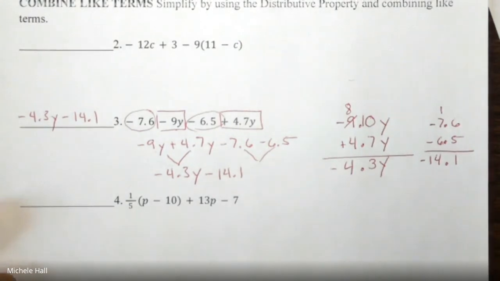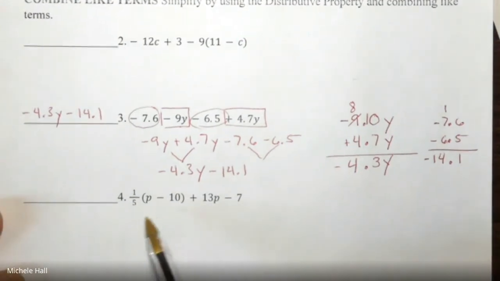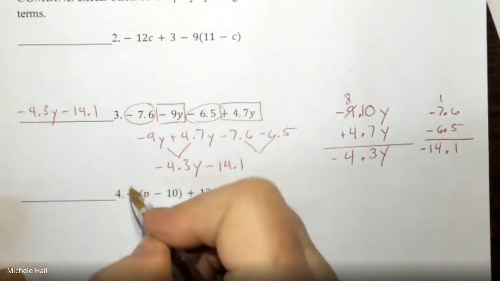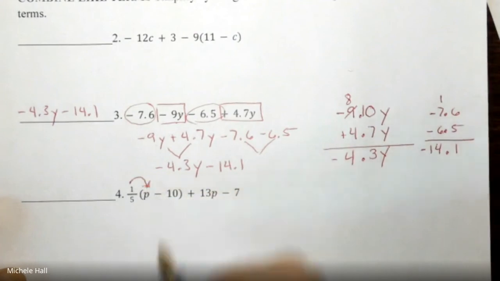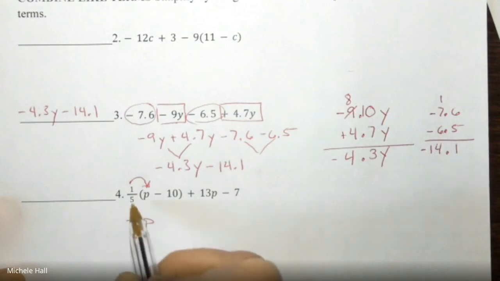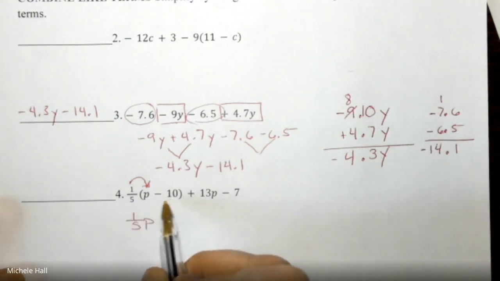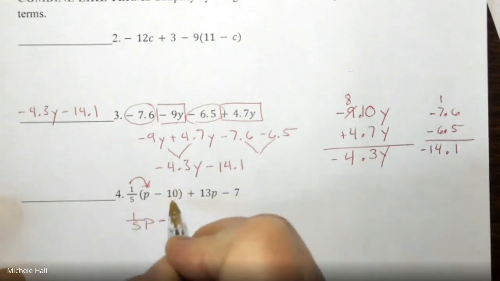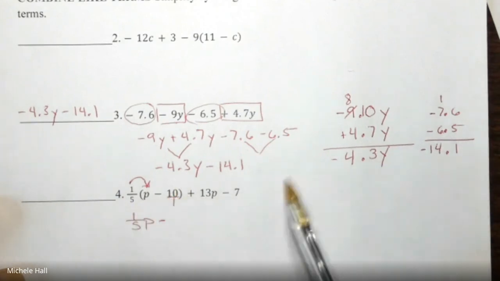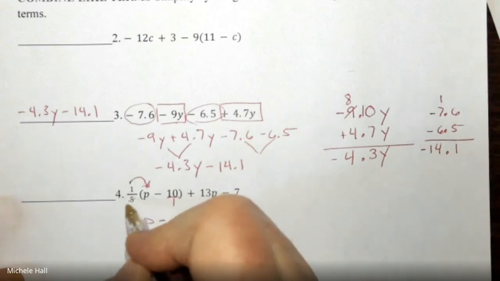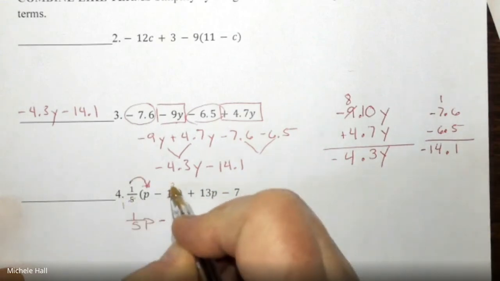One more. We have fractions. I need to do the distributive property first to get rid of these parentheses. 1/5 times p is 1/5 p. 1/5 times negative 10. Positive times a negative is going to be a negative. 1/5 times 10, I'm going to make that a fraction. And I'm going to cross cancel. I see 5 and 10 have a common factor of 5. 5 divided by 5 is 1. 10 divided by 5 is 2.